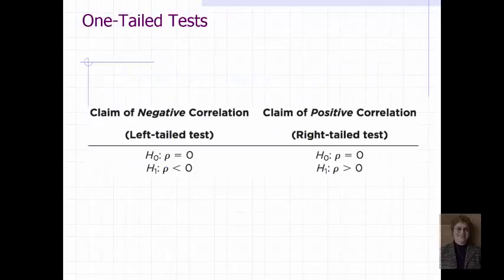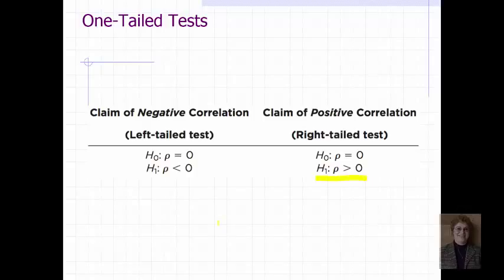When we do tests, we might need to do a one-tailed test or a two-tailed test. In this case, we're claiming a negative correlation, so that would be a left-tailed test: r is less than 0. Or we might do a positive correlation: r is greater than 0.